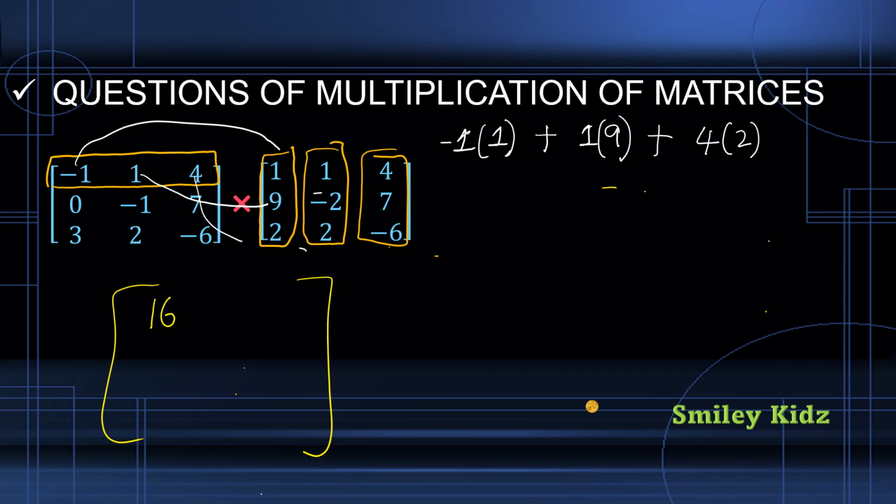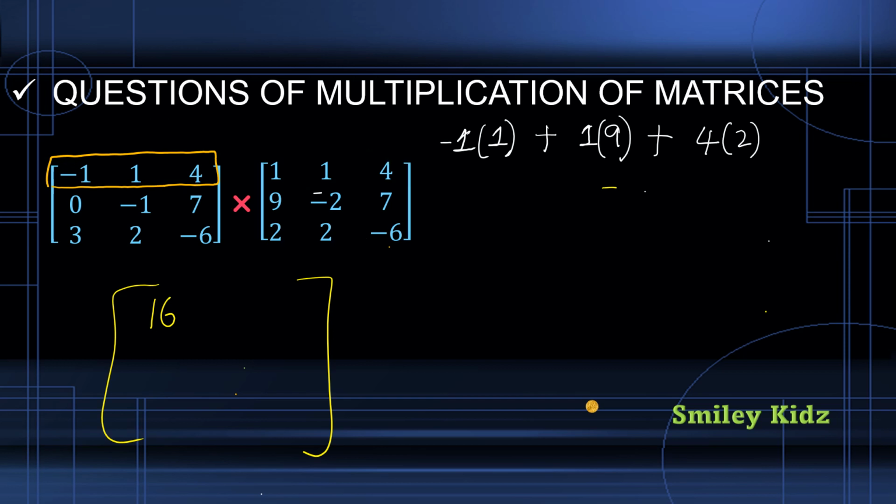Then we are going to multiply row 1 with column 2, that is 1, minus 2 and 2. This is going to be minus 1 into 1, because here we have 1.